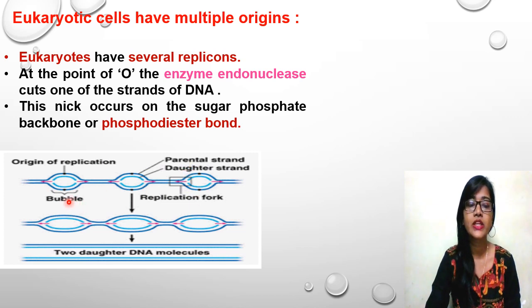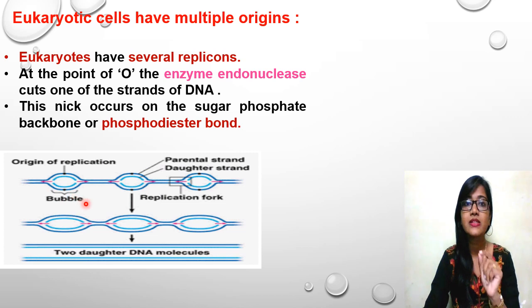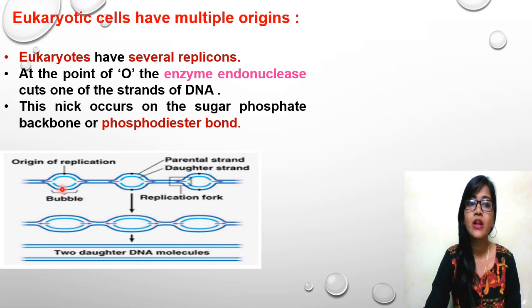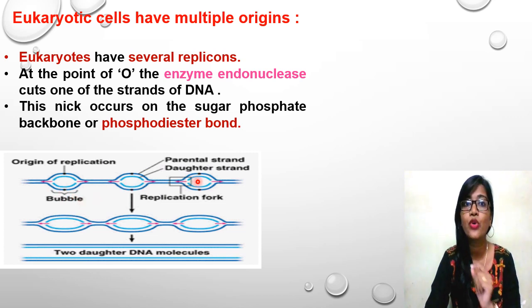Now see, the bubble is getting formed. There is a replication fork, 1, 2, 3. So at the same time, there are 3 replication forks which are in action. And after this replication fork, two daughter DNA molecules get formed.